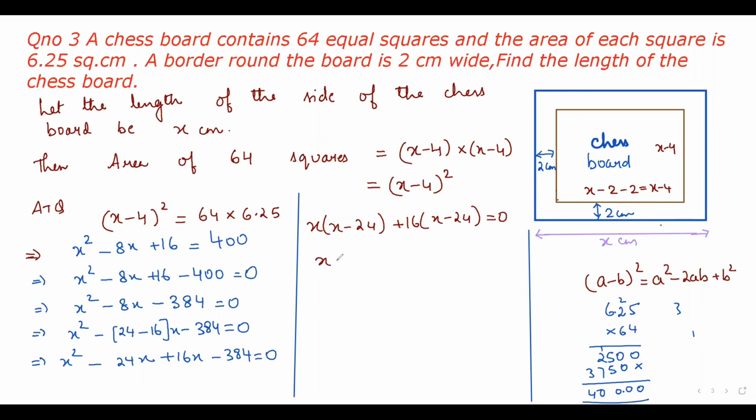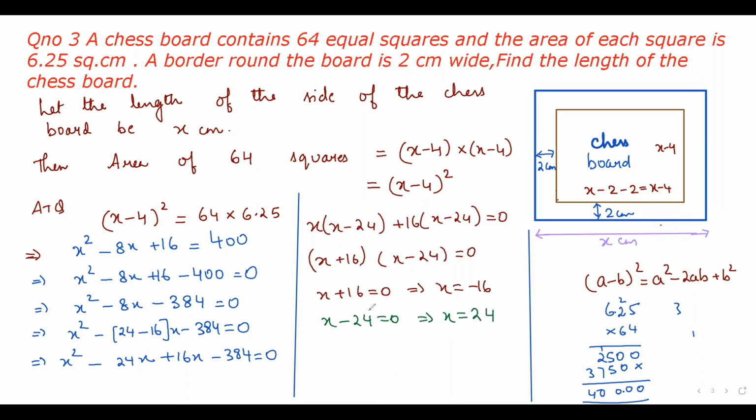So that will be x plus 16 into x minus 24 is equal to 0. By zero product rule, first x plus 16 is equal to 0. This gives x is equal to minus 16. Then you take x minus 24 is equal to 0. This gives value of x to be 24.